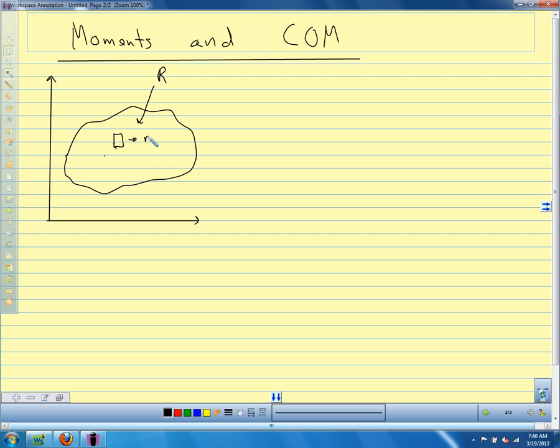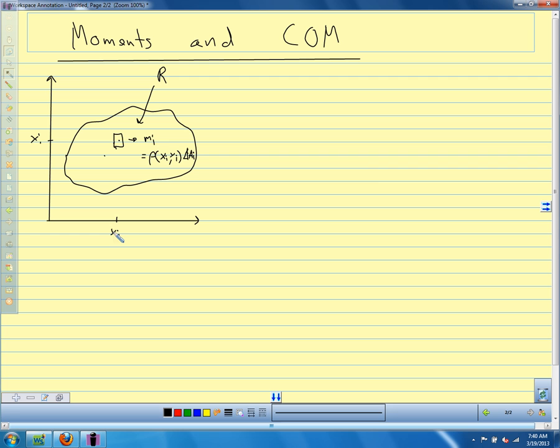And just like before, this is our mass, our density times our area, delta A sub i. And this little piece of mass is located, the center is at y sub i, x sub i.